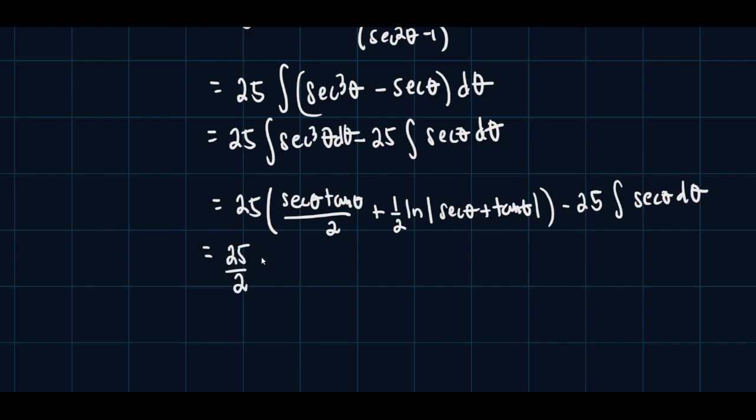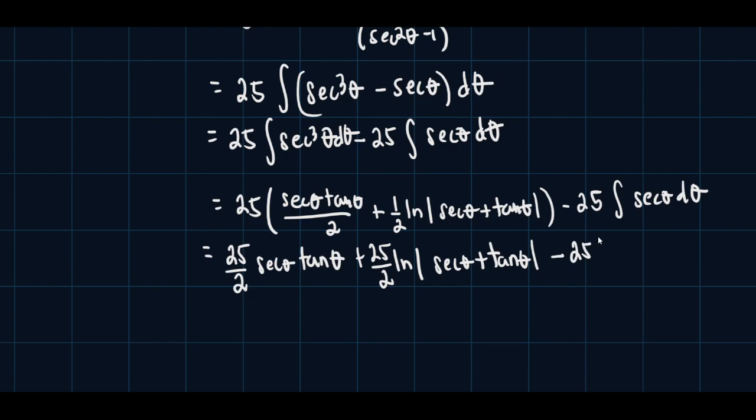25 over 2 secant theta tangent theta plus 25 over 2 ln ng absolute value ng secant theta plus tangent theta, minus 25 ln ng absolute value ng secant theta plus tangent theta plus c.